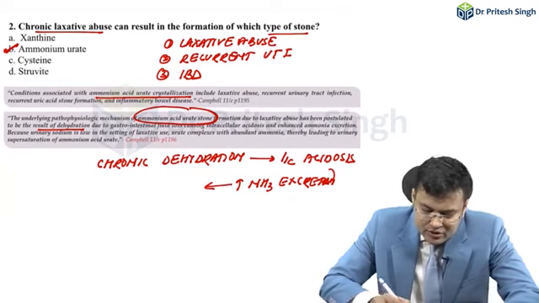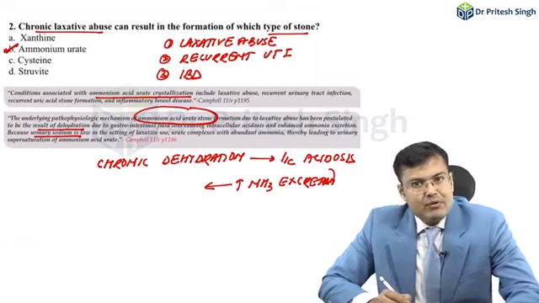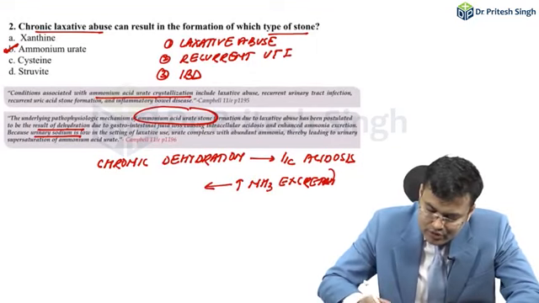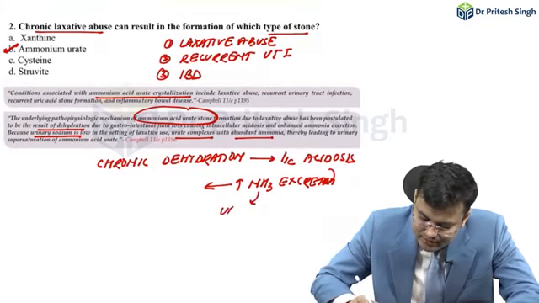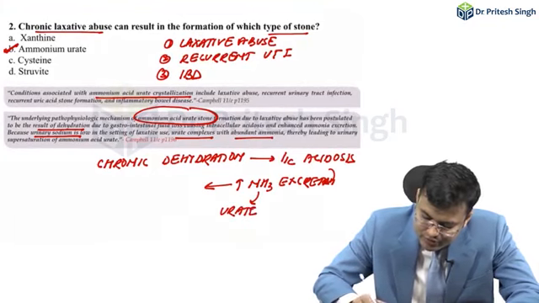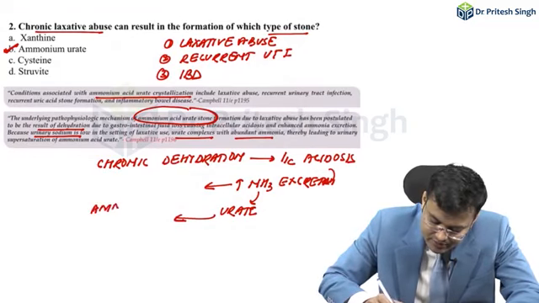And since urinary sodium is low, in the setting of laxative abuse, urinary sodium is low, so urate complexes with abundant ammonia. So here there is urate which is going to complex with abundant ammonia, and there is formation of ammonium urate stone.